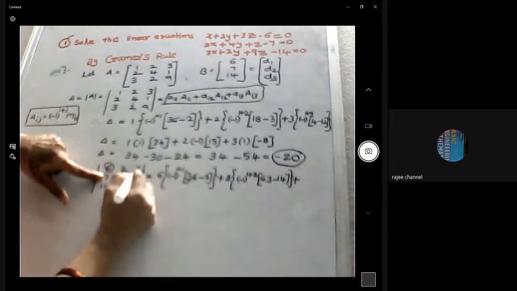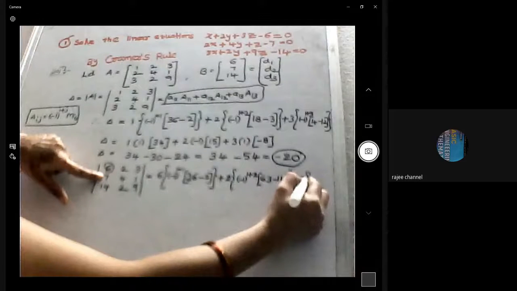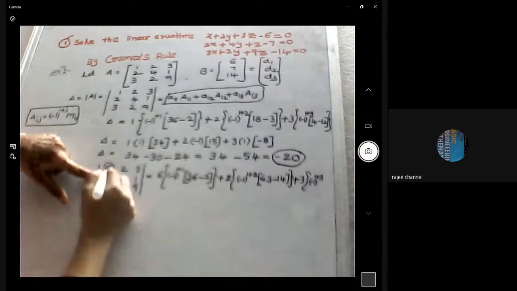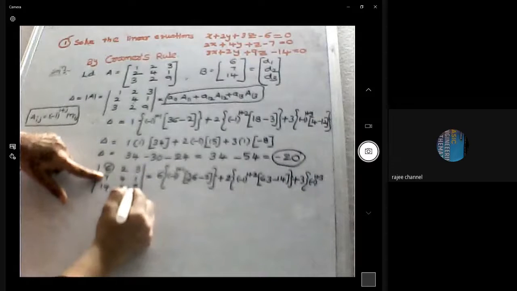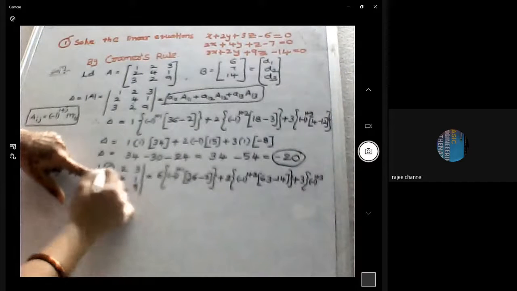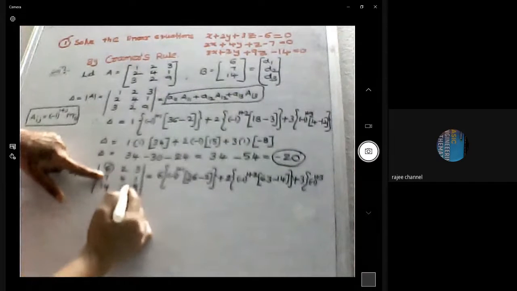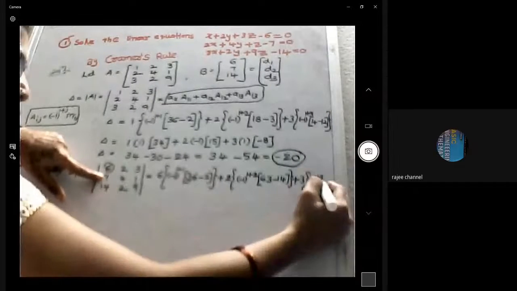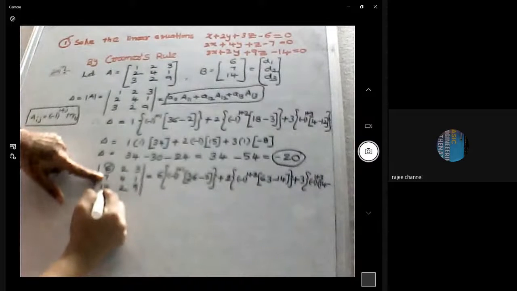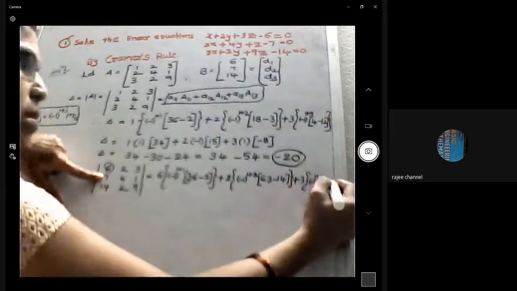Plus a13, which is 3, into minus 1 to the power of 1 plus 3, first row and third column. The minor determinant is 7 into 2, 14, minus 4 into 14, 56.